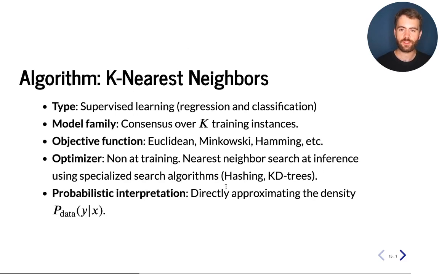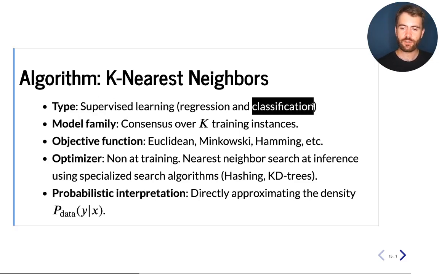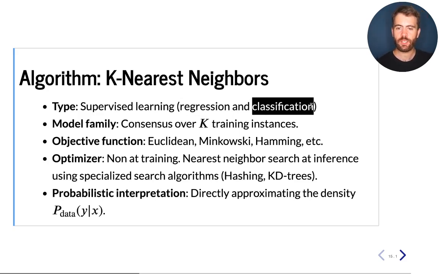Now here I'm summarizing the properties of this algorithm. It's an instance of supervised learning, and even though I defined it for classification, I haven't really mentioned this, but you may have noticed that there is nothing in this algorithm that's really tied to classification. It can be used equally well for regression. So even though it's our first example of a classification algorithm, it can be equally well used for regression too. And so the model family, I will come back to this in the next video, but you can think of this as being a consensus over different training instances.